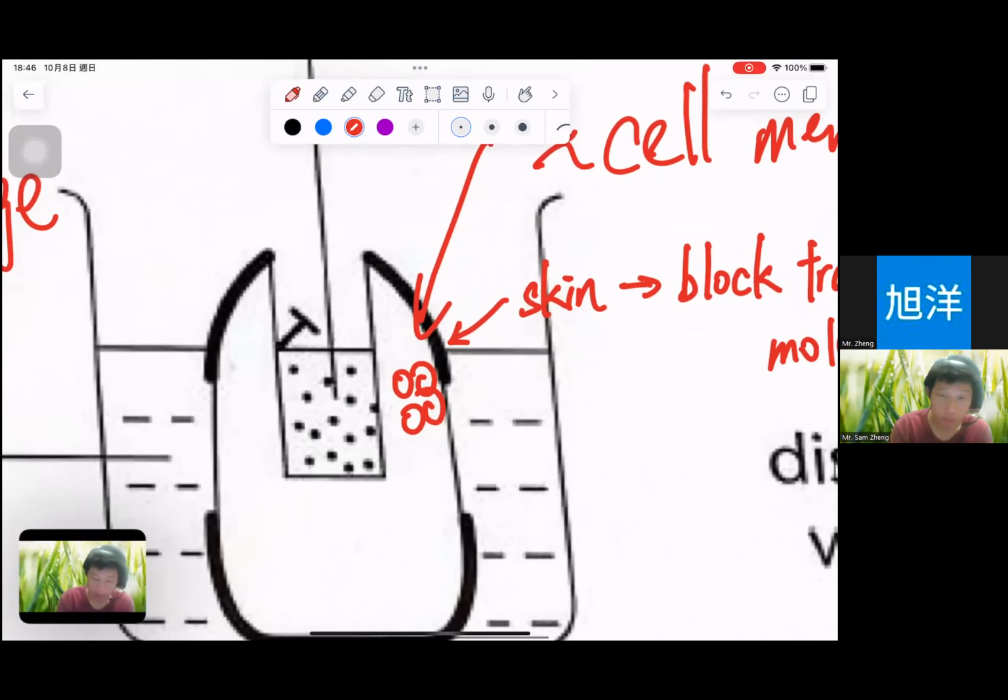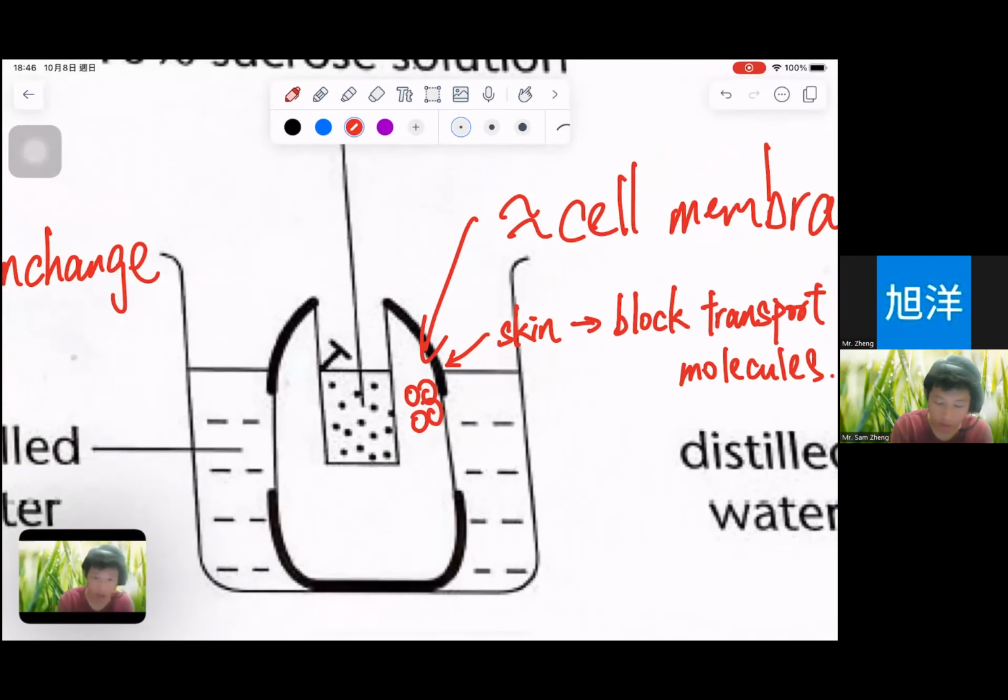Here you will realize that this highlighted part is the site where the potato is peeled, where the potato skin is removed.